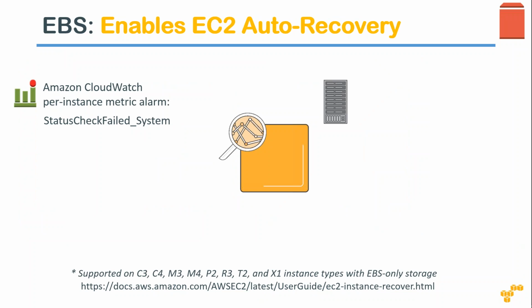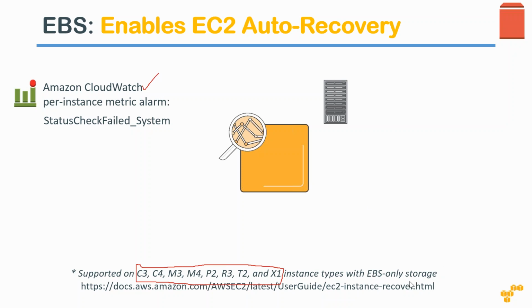Another thing is that there are certain instance types available in Amazon which allow you to bring them back automatically when something goes wrong. Say, for example, you have created an EBS volume and chosen an instance type of C3 or C4 or any of the ones mentioned here, and you can use CloudWatch, a monitoring tool, to set up monitoring for that instance.